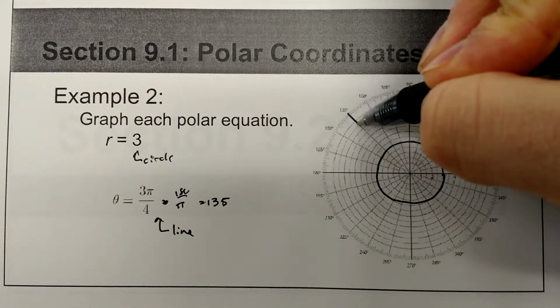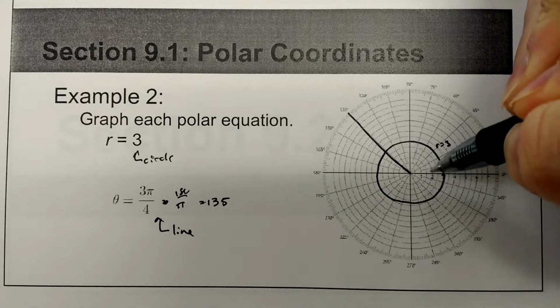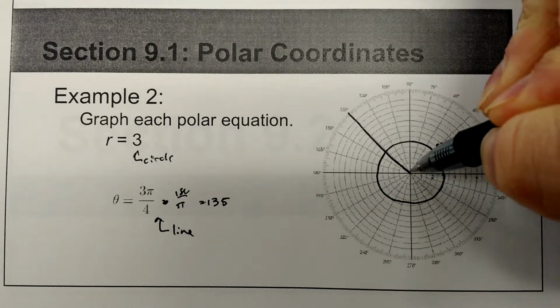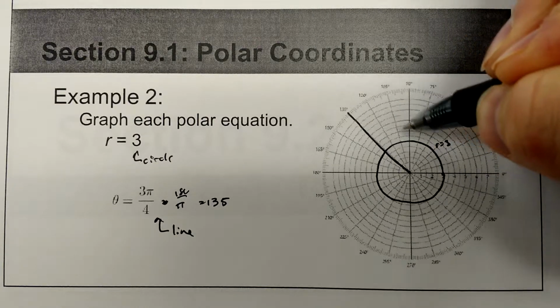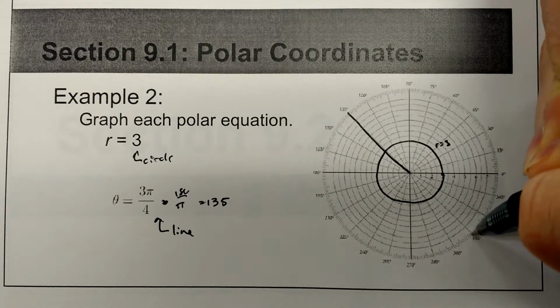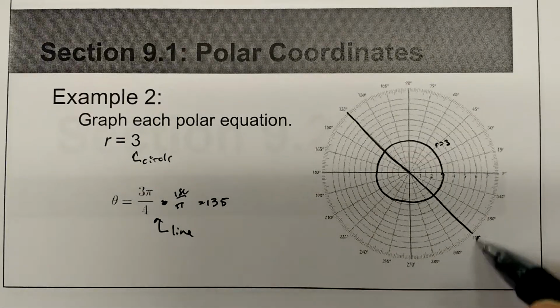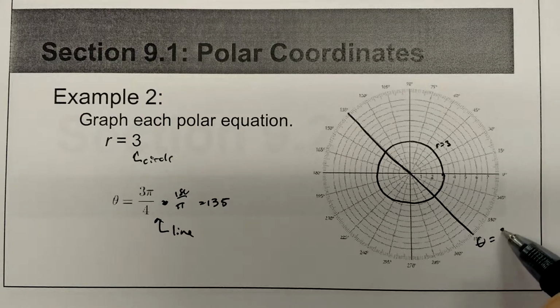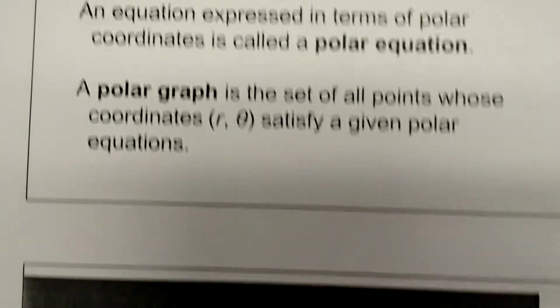And you start on the edge and then go back through the origin. And then you come out the other side. It's kind of hard to tell which one it is. It's going to be 315. So that's the line. Theta equals 3 pi over 4.